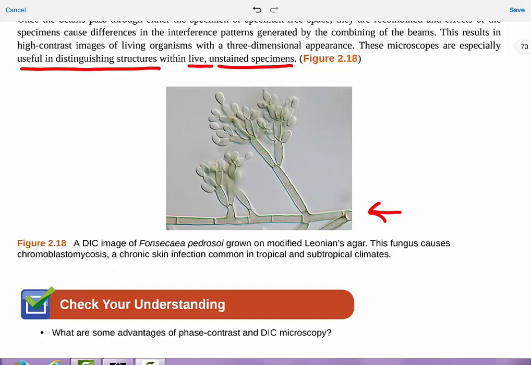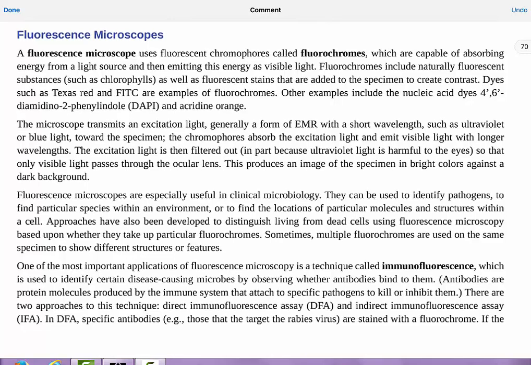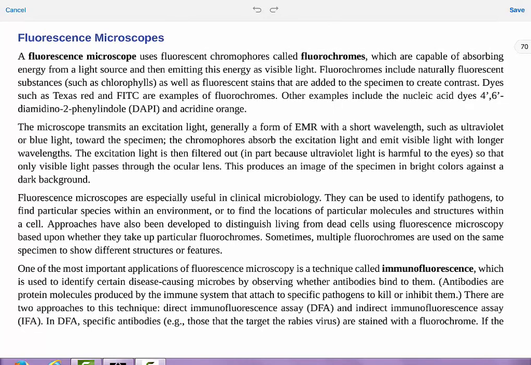They don't have to be killed in the process of staining or heat fixing them. You can see this fungus is still alive. It doesn't look alive to us because it's a photo, but it's alive and it can be seen very clearly there.